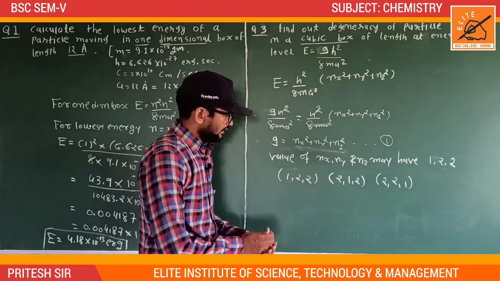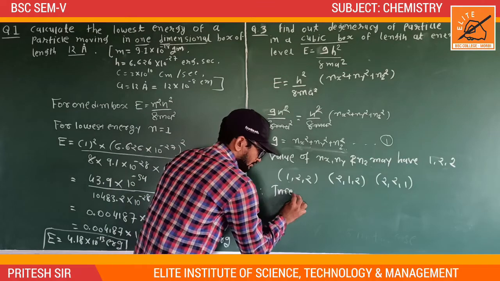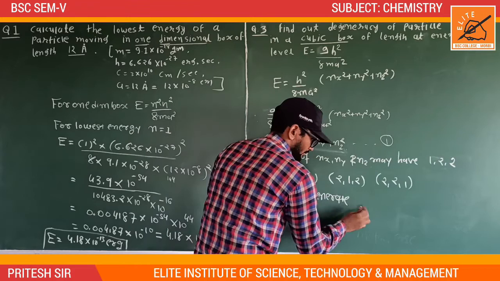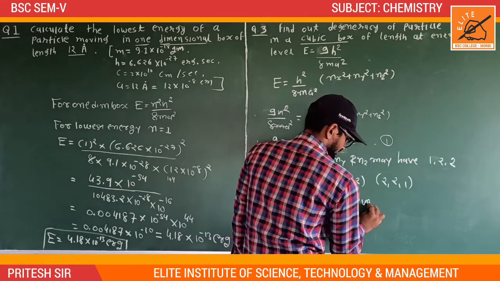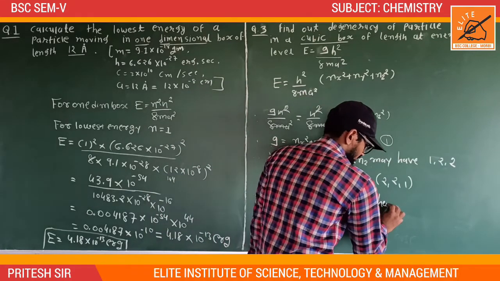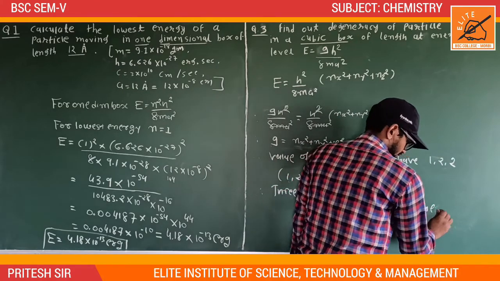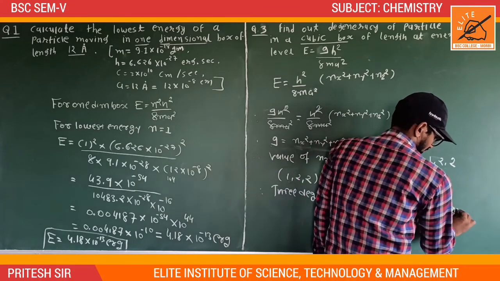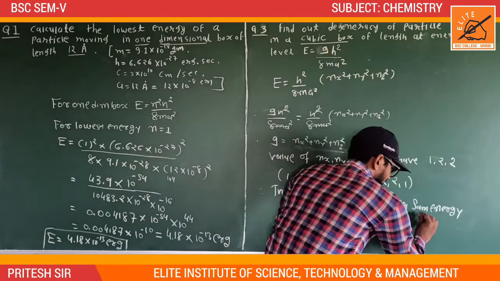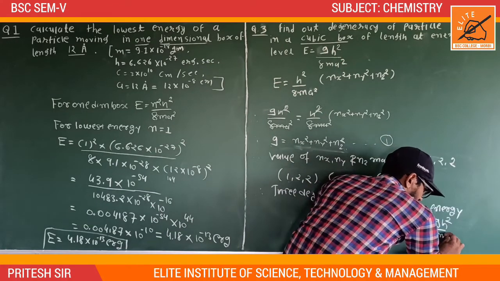It means in this case there are 3 degenerate levels having the same energy, that is E equal to 9h²/8mL².